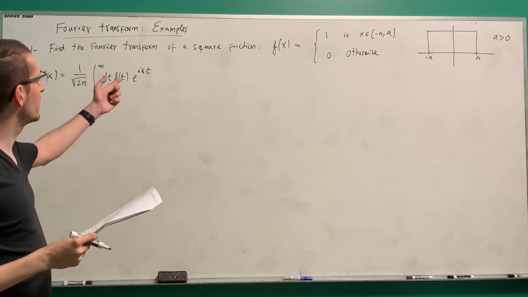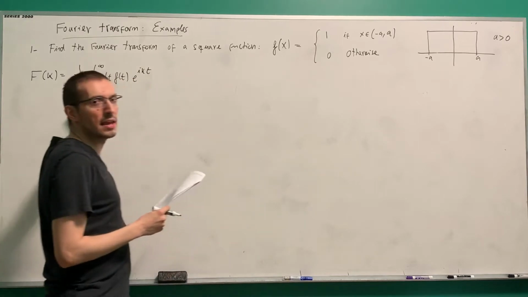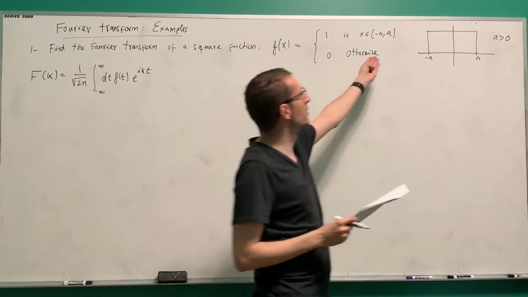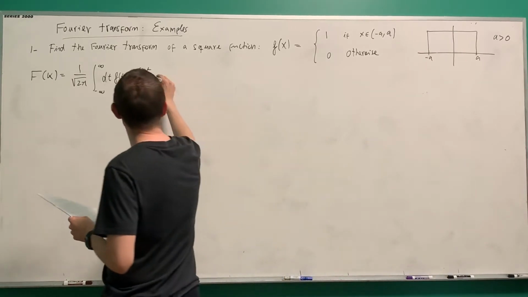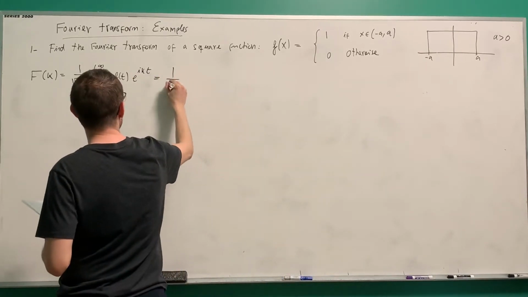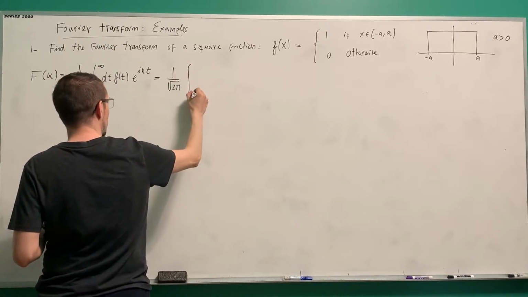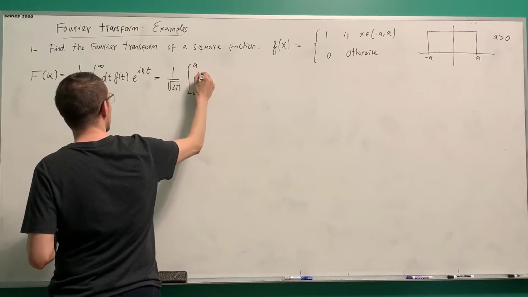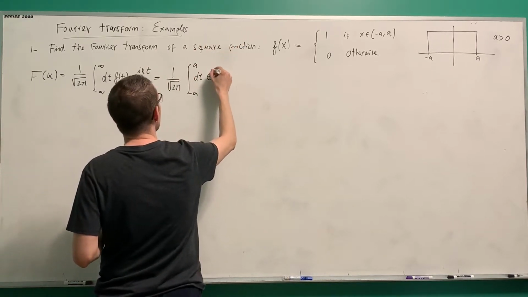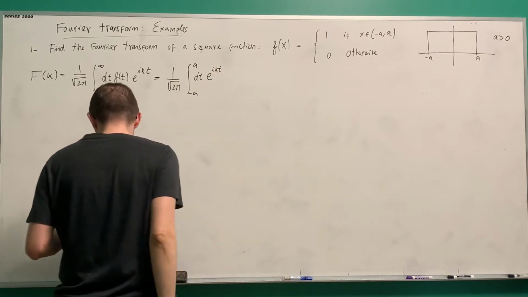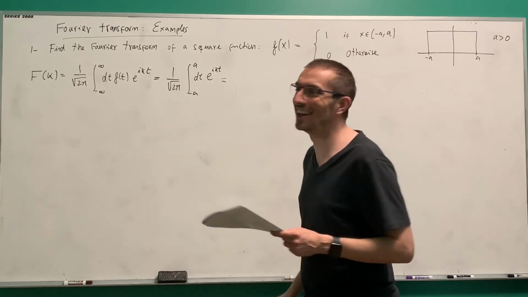Now, in our case, it's rather easy if I substitute, because the integral from minus infinity to minus a is 0, because the function is 0 until it hits minus a, and then from a to infinity is also 0. So in this case, the Fourier transform is just 1 over root 2 pi integral from minus a to a dt of the function that is 1, in that case, between minus a and a, so it's just e to the ikt. And the integral is very easy, it's the integral of the exponential, the most difficult integral ever.